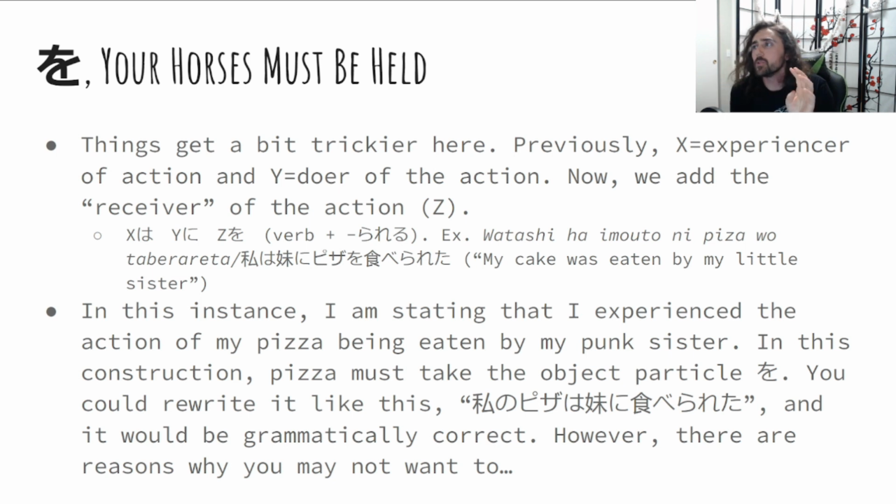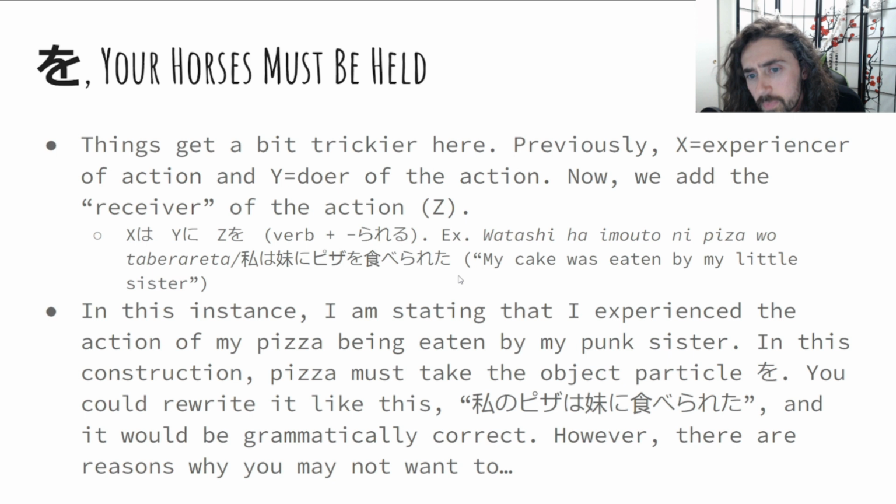So you can still use this if an object is being directly acted upon, especially if there are other things occupying the X and Y categories, right? You can use o to distinguish from these roles.